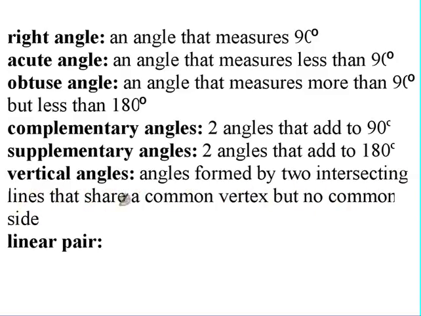Here is the formal textbook definition: angles formed by two intersecting lines that share a common vertex, but no common side. A lot of people just say they're angles opposite each other.